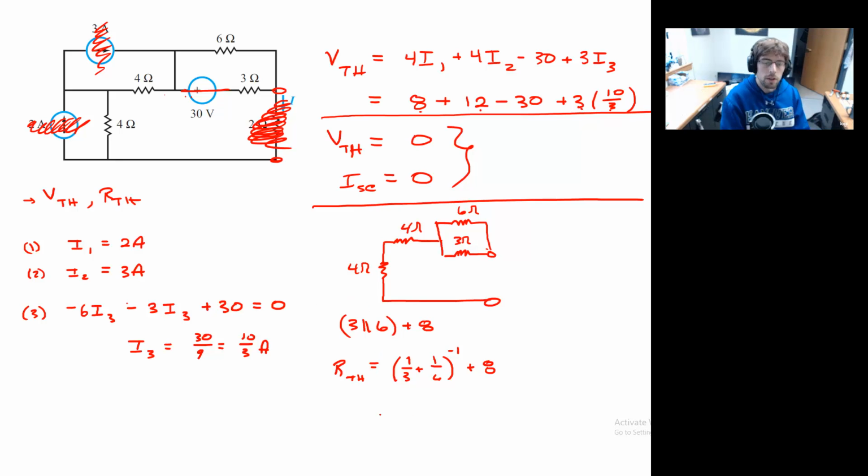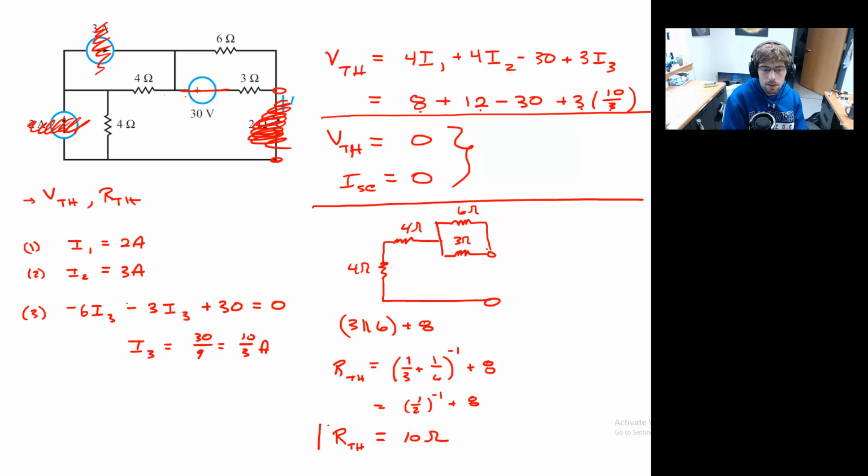Okay. 1/3 plus 1/6 gives us 1/2, and that's inverted. So we have the inverse of 1/2 plus 8. And so here we get that the Thevenin resistance is 10 ohms.